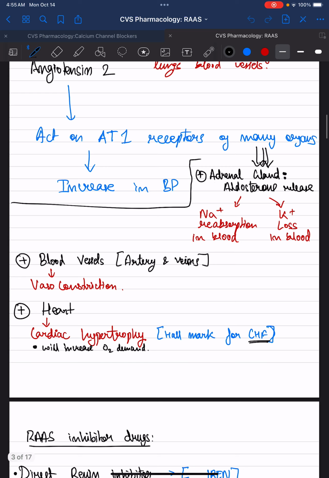So, on which organs does the AT1 receptor act? The AT1 receptor will act on the adrenal glands, the blood vessels, and the heart. On the adrenal glands, there is aldosterone release, so there will be loss of potassium in blood, and there will be sodium reabsorption in the blood.